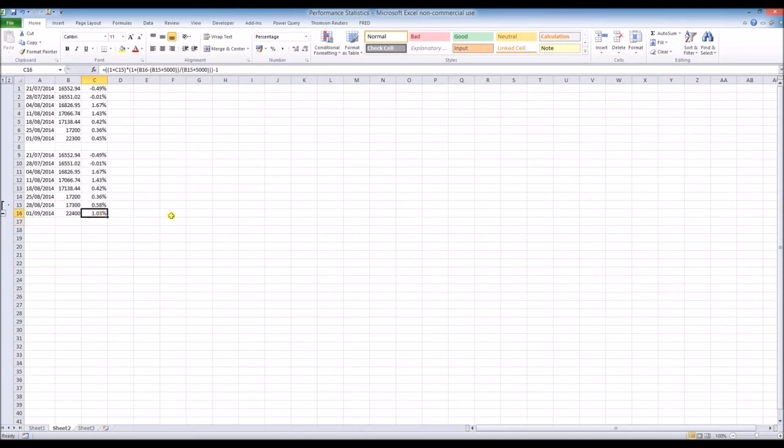So we get a return of 1.03%, and then all you do then is just close that, and those are your returns. The only issue then that you might run into is when you use these columns to do your performance statistics, you don't really want to include this in your portfolio statistics.